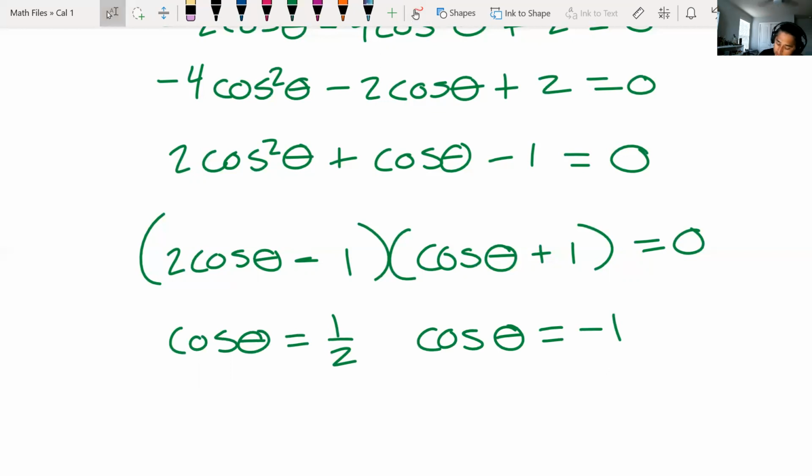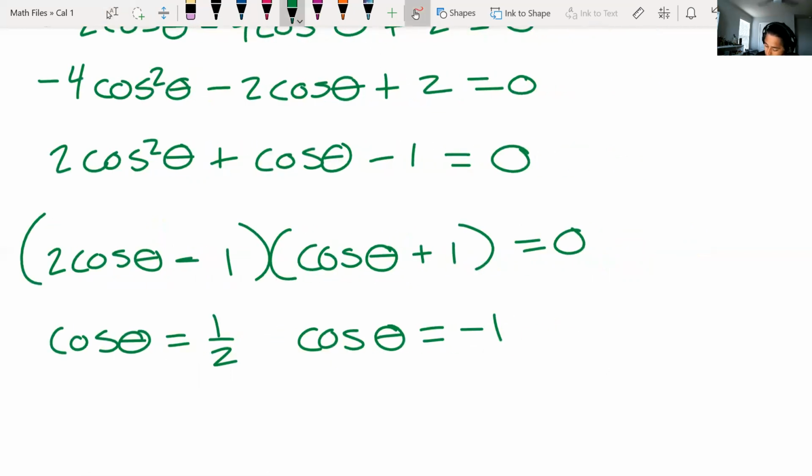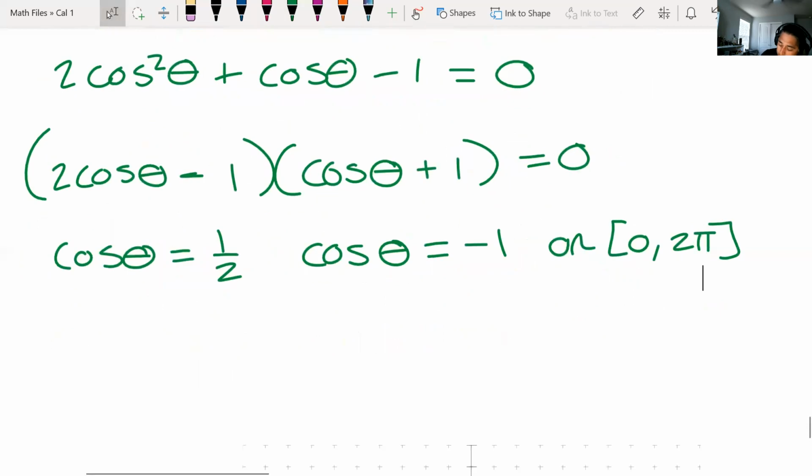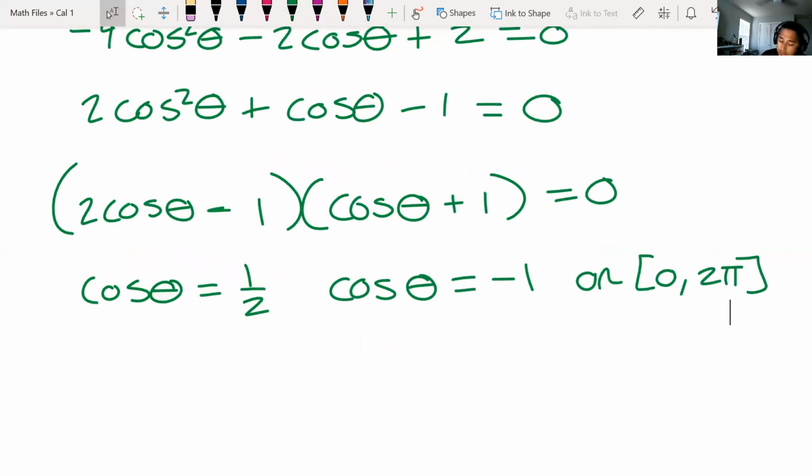And now this is on the restriction 0 to 2 pi. So what radian values make cosine a positive 1/2?